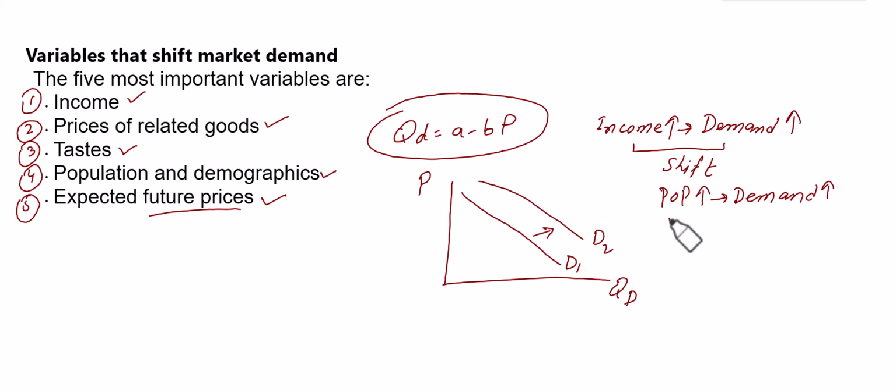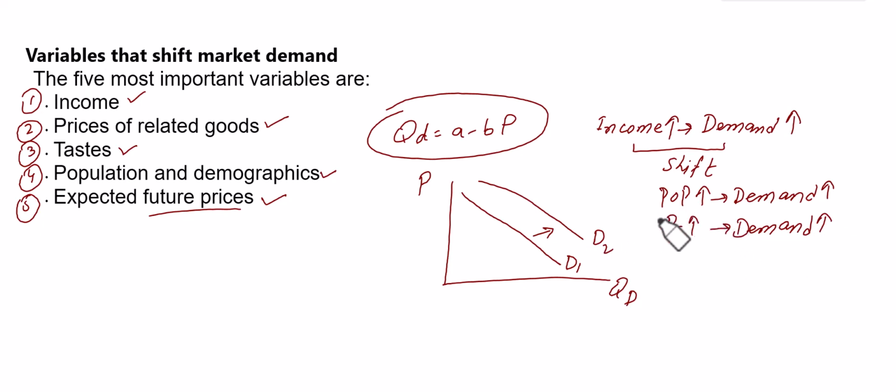In order to save their income from inflation, they will buy more goods today. So when expected future prices, PF meaning future prices, are going to increase, people will buy more goods today in order to save their money.